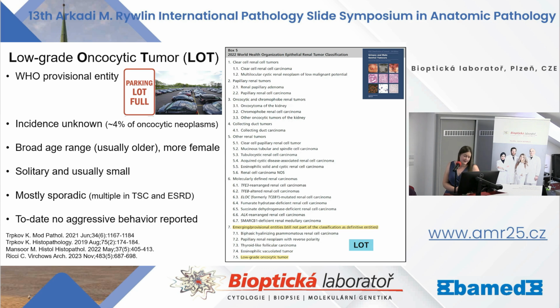Usually the tumor is solitary, however, some multifocal cases were described, and the tumor is usually small. Mostly the tumor is present in sporadic settings, however, again, there can be a hereditary association, mainly with TSC complex syndrome. To date, no aggressive behavior was reported in this tumor.